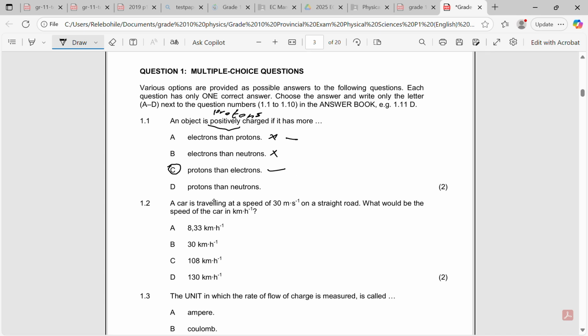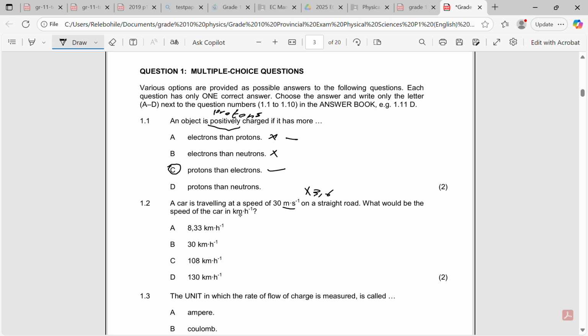That's our answer, C. 1.2 says a car is traveling at a speed of 30 meters per second on a straight road. What would be the speed of the car in kilometers per hour? When you convert, guys, from meters per second to kilometers per hour, you simply have to multiply by 3.6.